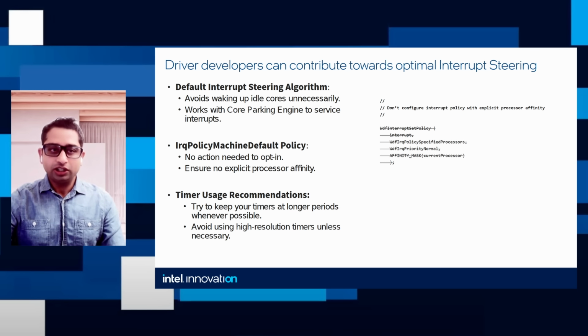This algorithm operates in tandem with the core parking engine, ensuring that the core generating the interrupt can also service it. Thereby, it reduces latency and avoids negative impacts on performance or battery life. The advantage of this system lies in its implementation via our policy machine default service.